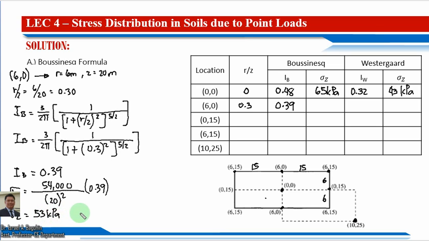Okay, so we have here equal now to 53 kilopascal. Okay, so we are done with our Boussinesq formula.